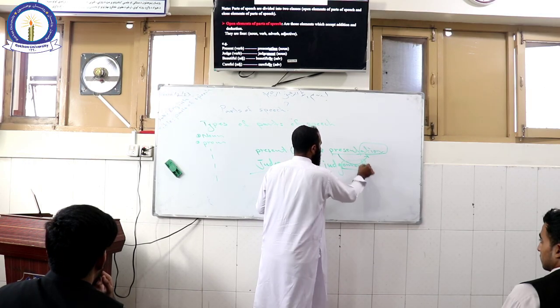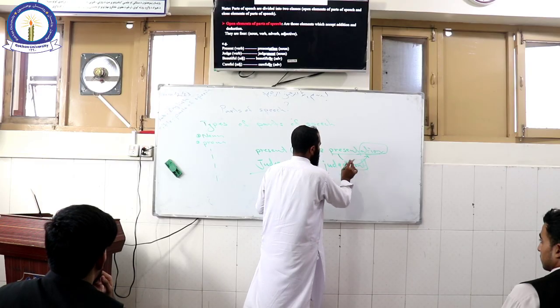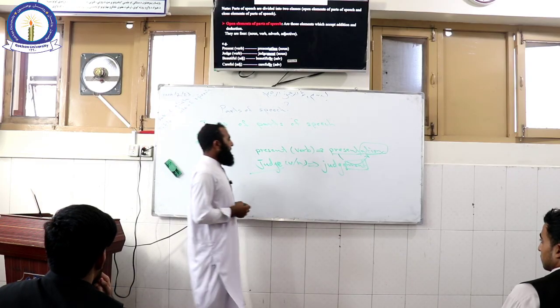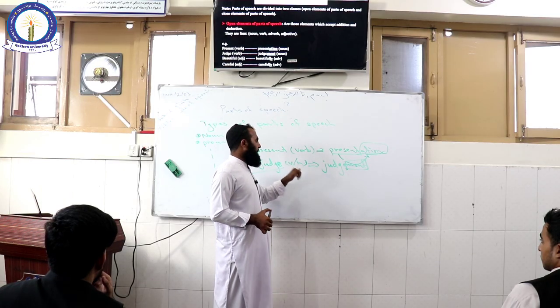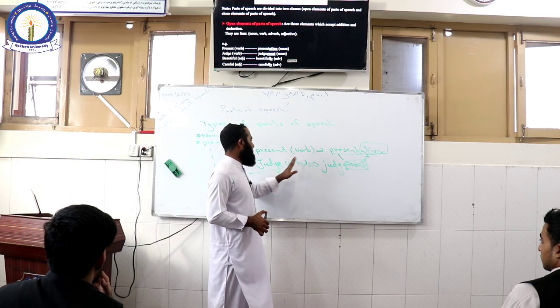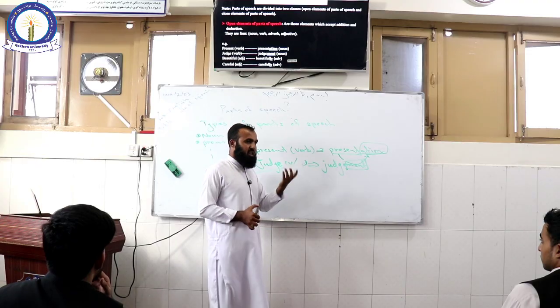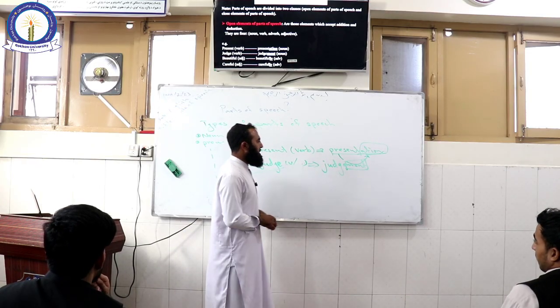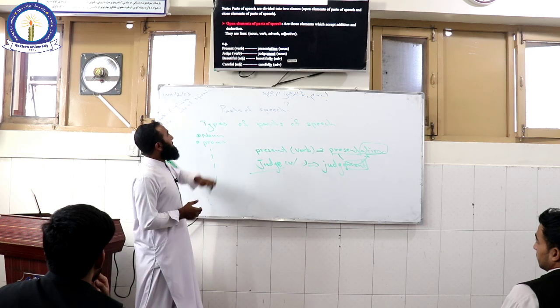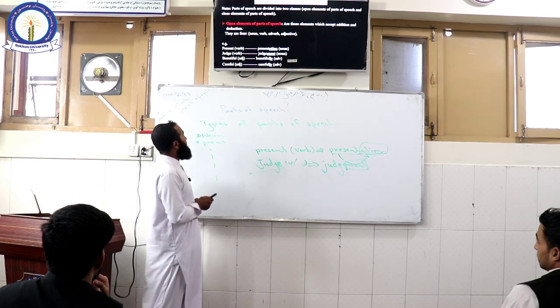I add here ment, so it also accepted ment. We use judge as a verb here, not as a noun for a person. Judge is a verb and it can be changed into judgment.